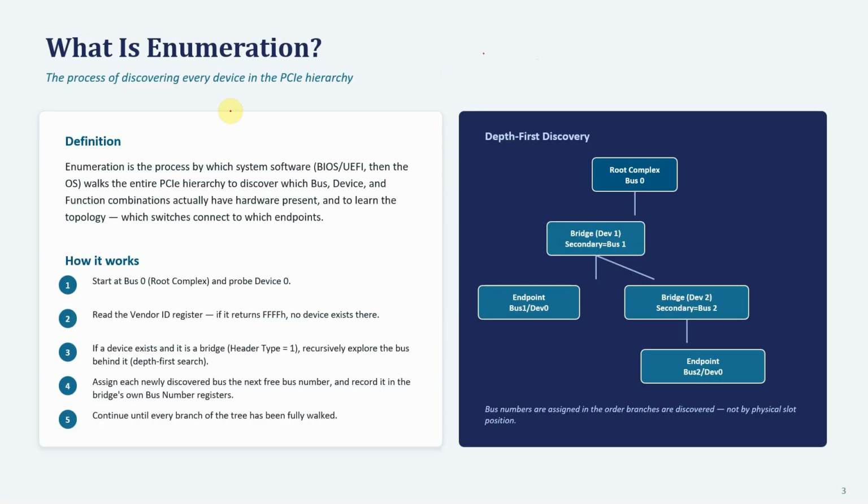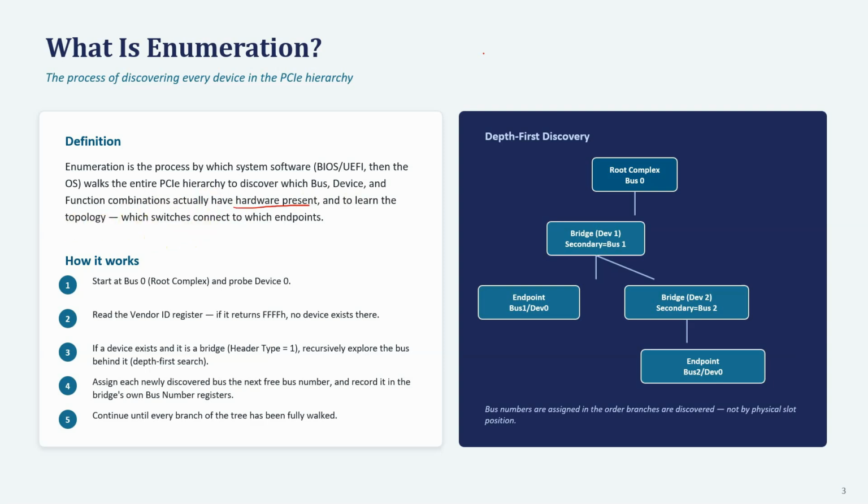Basically, enumeration is the process of discovering every device in the PCI hierarchy. When we do the enumeration, my BIOS or whatever the operating system is, is going to walk through the entire PCI hierarchy to discover where the bus is, what the device is, and what the function is. It discovers which bus, device, and function combinations actually have hardware present, and it learns about the topology.